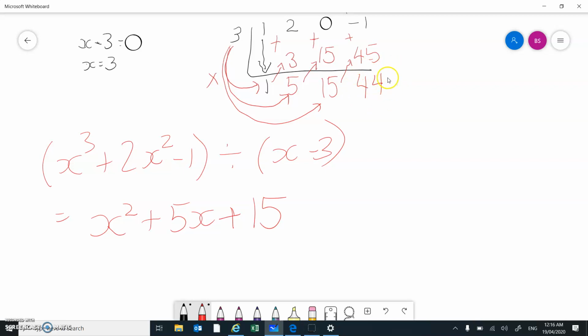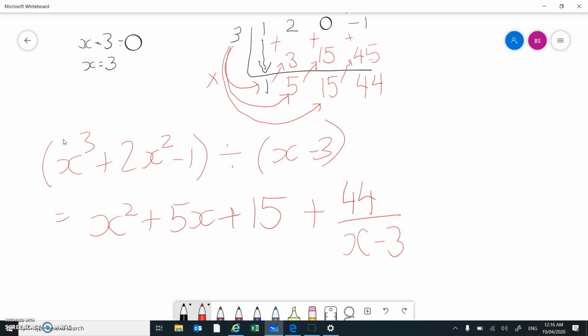That is the remainder, 44. So we can write that as plus 44 over x minus 3. And that's it. You can stop the video there if you're happy with that.